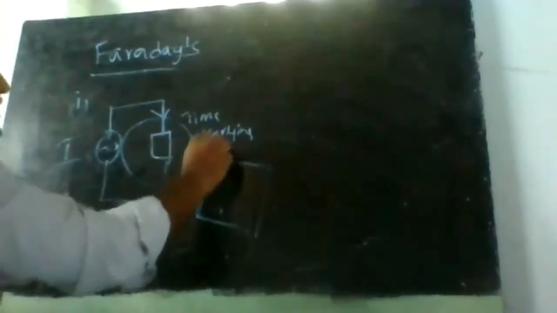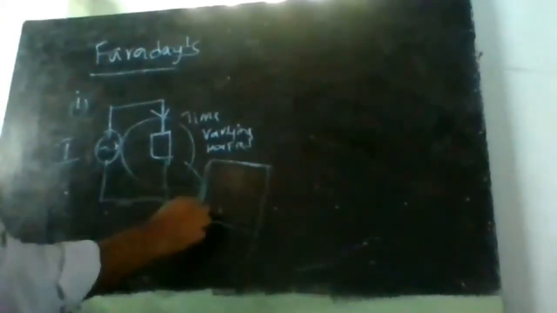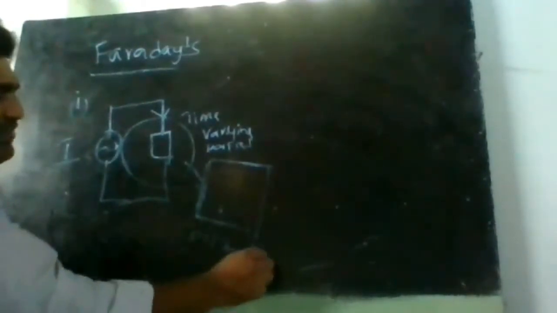And if I have any closed loop in the proximity of this, then this time varying magnetic field, when it is associated with the coil, will generate a time varying electric field. And this time varying electric field, when combined with the magnetic field, gives us the electromagnetic field, EM field.